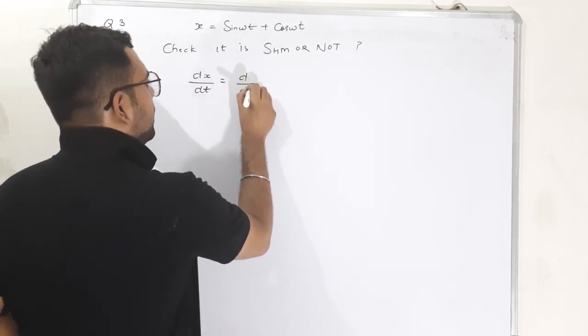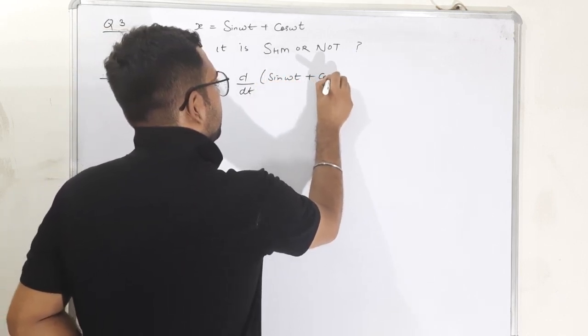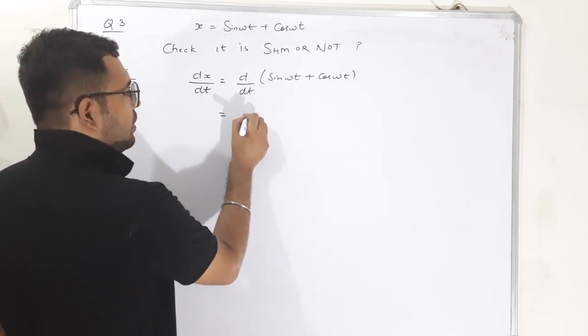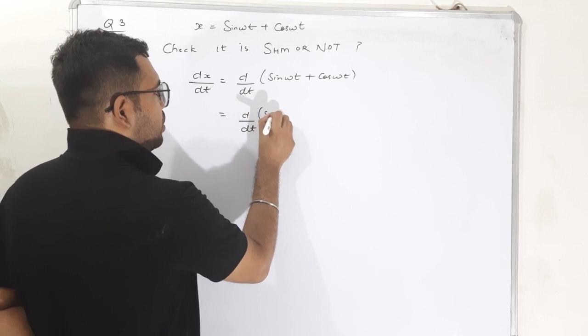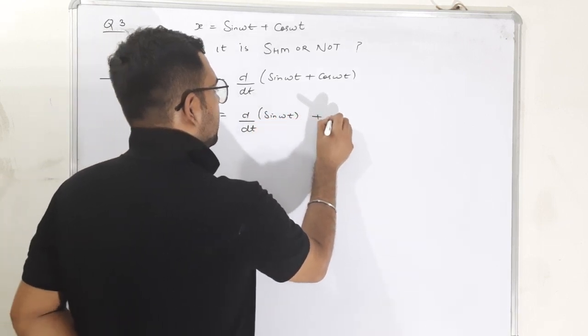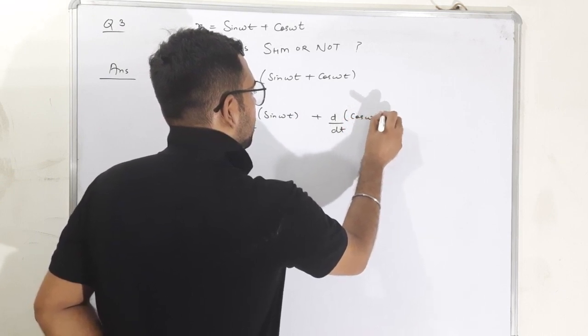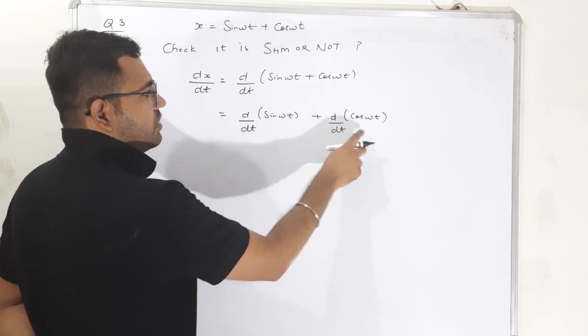So d by dt sin omega t plus cos omega t. So differentiation of sin omega t बताओ क्या होता है बेटा? d by dt sin omega t, you can write it like this, plus d by dt cos omega t. We are doing the differentiation in 2 parts, that is first and second one.